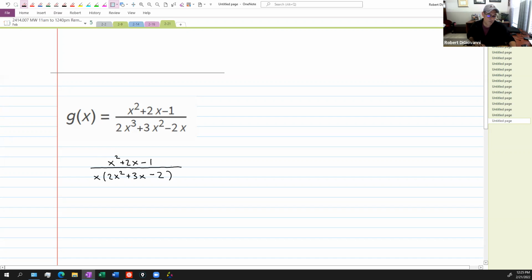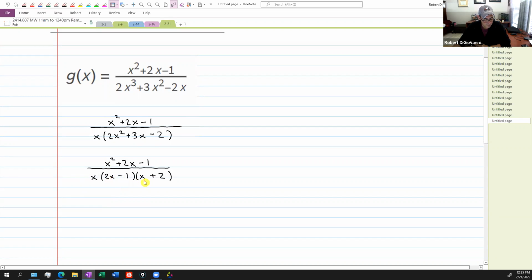And then 2x squared plus 3x minus 2, that factors. And if you don't know how to factor that, this is going to be problematic, isn't it? But I hope you would agree with me that I should expect that a Cal 2 student can factor a trinomial at this point.